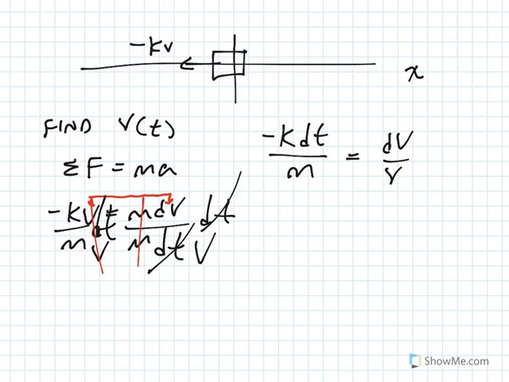And there you go. Now you integrate both sides. On the left, I'm going to integrate from 0 to t, and on the right, I'm going to integrate from v naught to v. Let's make a little more room here.